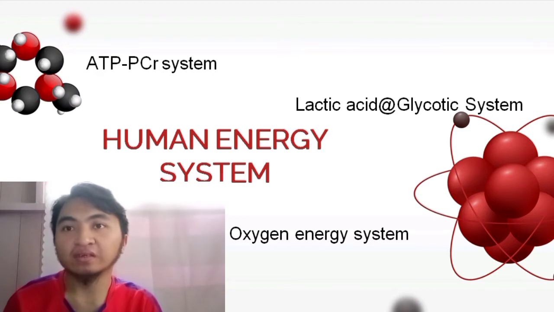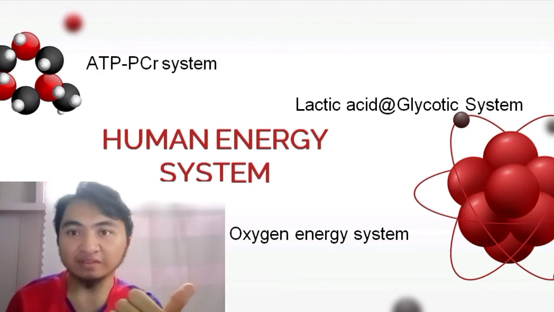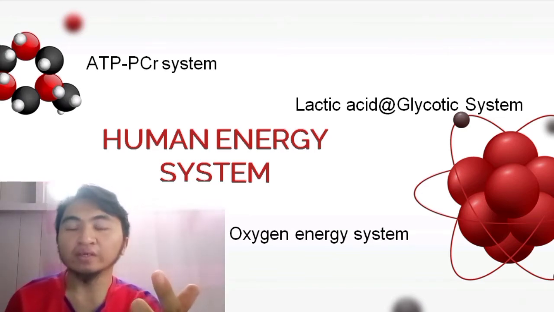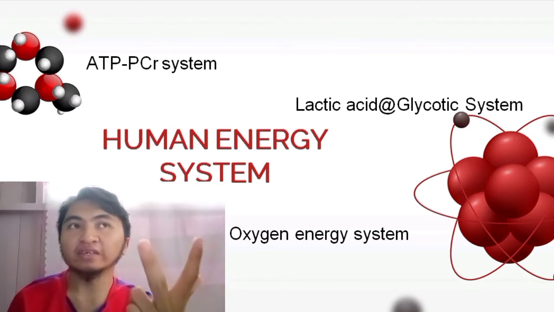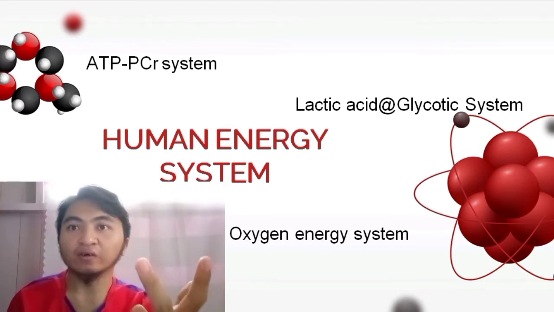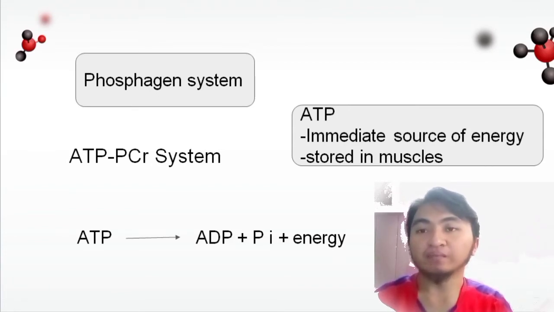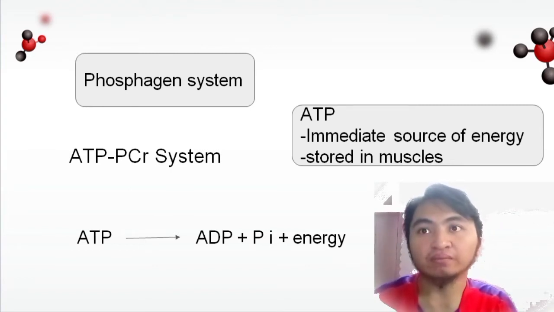Number one is the ATP-PCR system, the second is the lactic acid system, or well known as the glycolytic system, and the last one is the oxygen energy system.